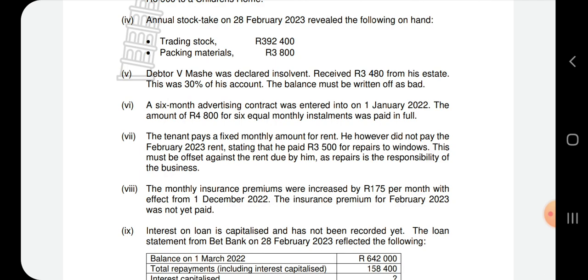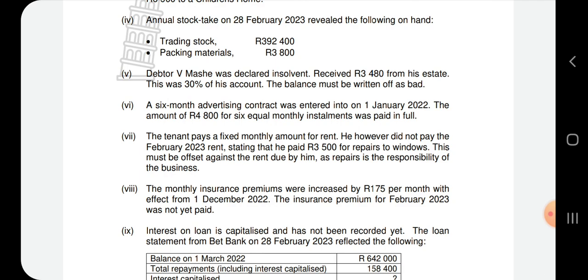They said 6 equal monthly installments, so just divide that 4,800 rand by 6. You'll get 800, and then 800 times 2 is 1,600. Then you say 4,800 minus 1,600 rand, or 4,800 times 2 over 6.